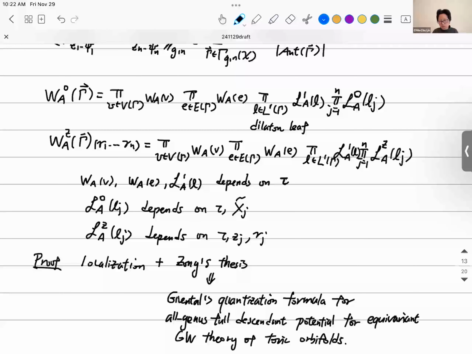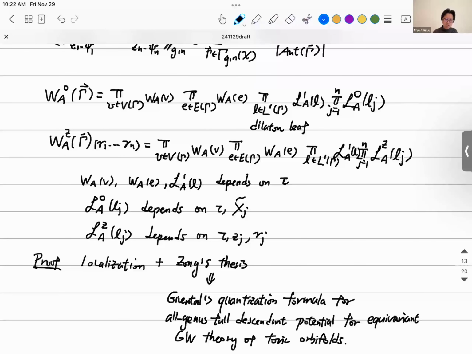And Genu's thesis, he finished it and defended it about 10 years ago. He generalized this to the orbifold case. Actually, what he did in the thesis is a more general target with torus action, such that the fixed points are finite and the one-dimensional orbits are finite, with some additional conditions.